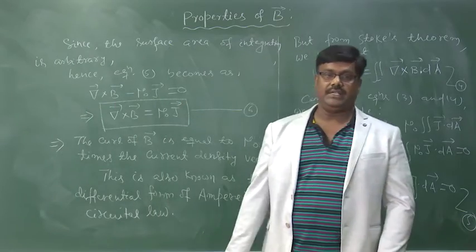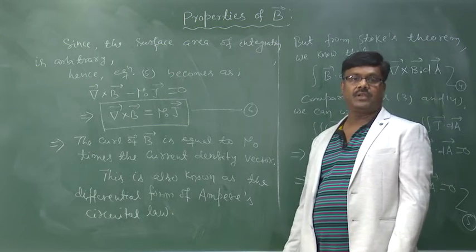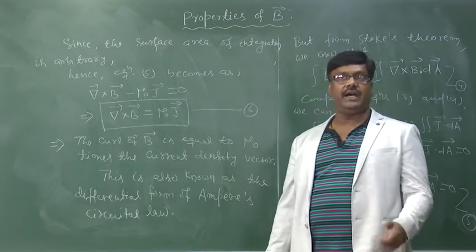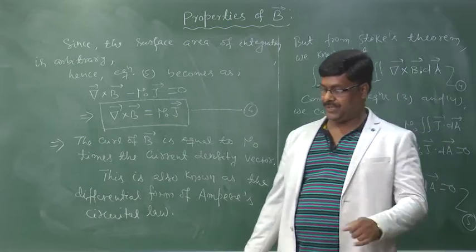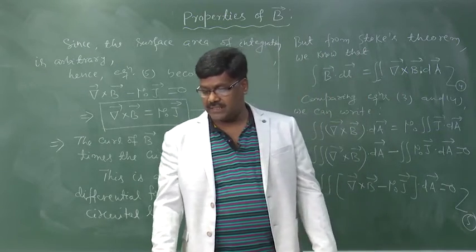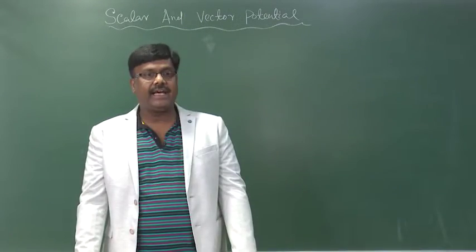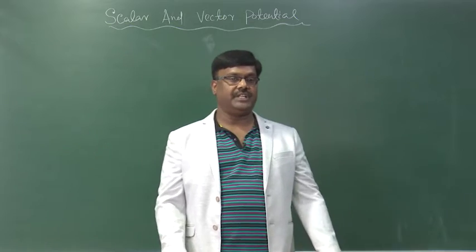So, it is all about the properties of B, the divergence of B and curl of B. Now, we will start scalar and vector potential.